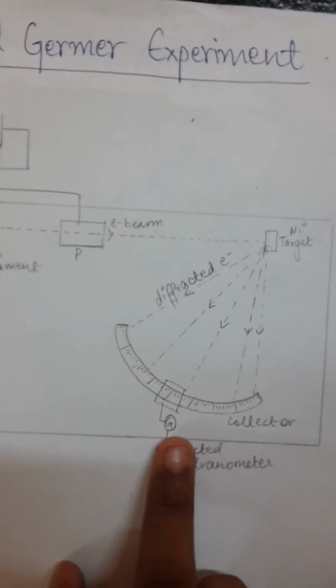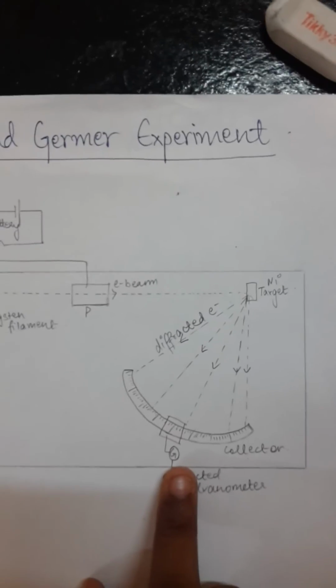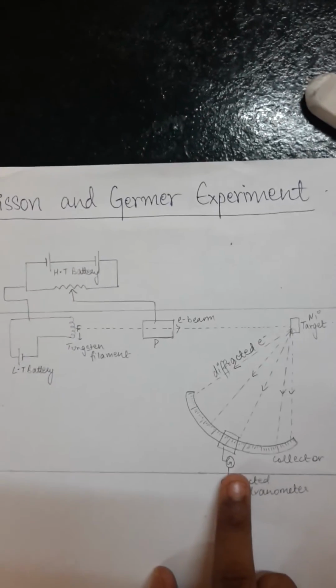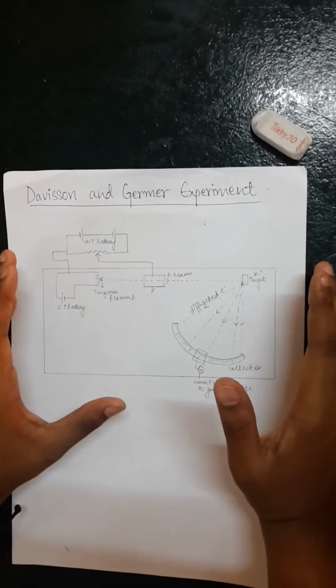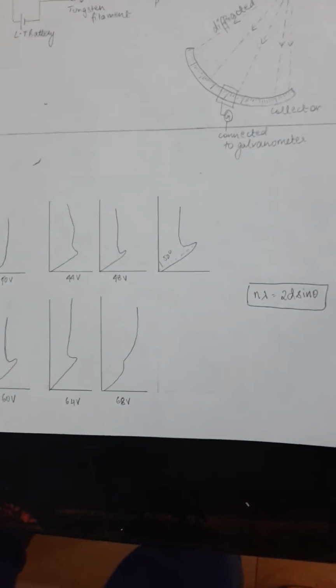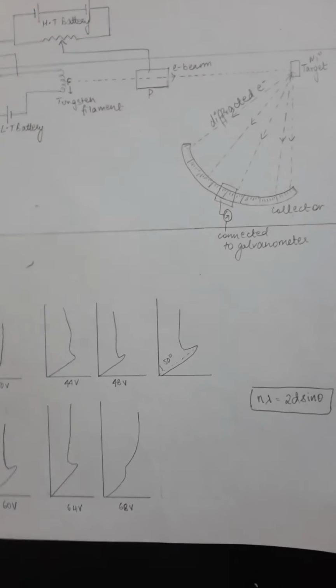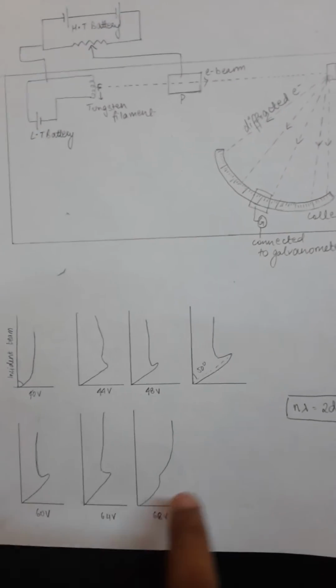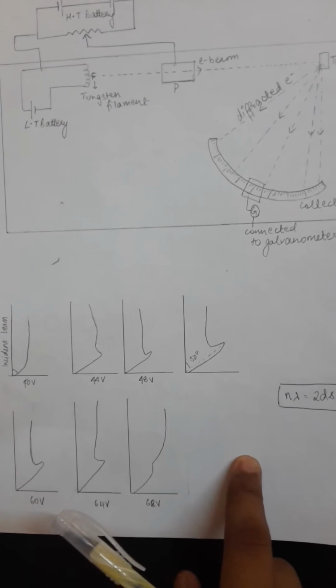Basically, the deflection observed in the galvanometer is directly proportional to the intensity of the beam entering the collector. This whole apparatus is set up in an evacuated chamber. The known potential difference between the nickel target and the filament is considered to be 40 volts, which is increased gradually. Now we have plotted a graph of theta against the intensity of scattered collector current.